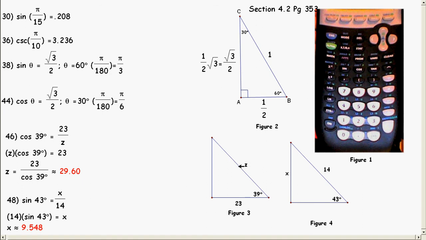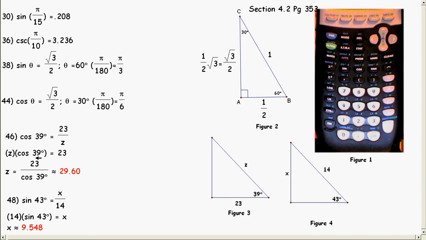We see that the cosine of 39 is adjacent over hypotenuse, so that's going to be 23 over z. If we multiply both sides of the equation by z, now we have z times the cosine of 39 equals 23. And if we divide both sides by cosine of 39, now we have z equals 23 divided by the cosine of 39.